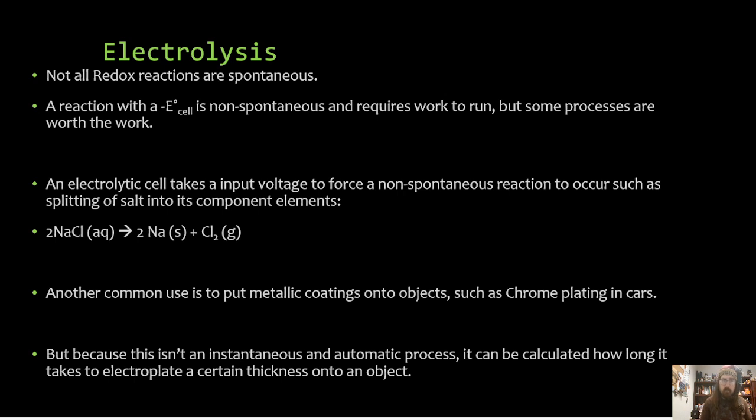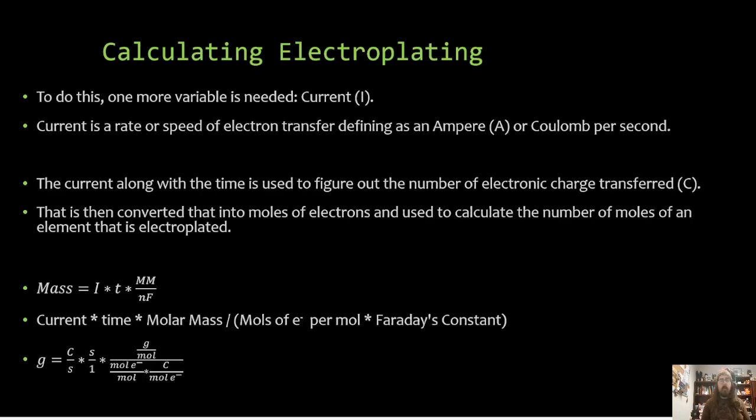But so this process, as I said, you need current to do this. Current is essentially the rate or speed at which electron transfer occurs. It is measured in amperes, but the ampere essentially has another definition, which is a coulomb per second.